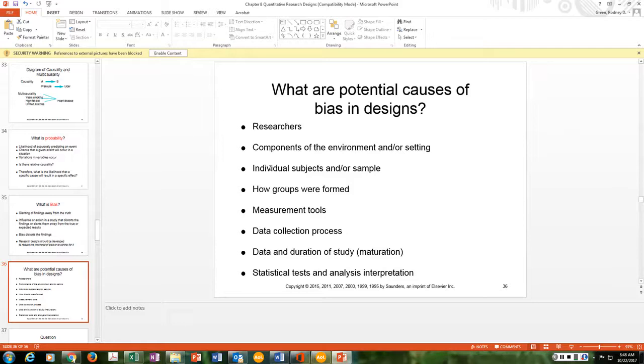Are they representative of the population? How the groups were formed, the tools that are used, the data collection process, how long the study went on, were there changes in the individuals because of time, and the statistical tests and interpretation.